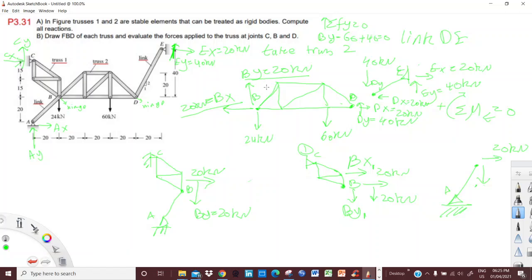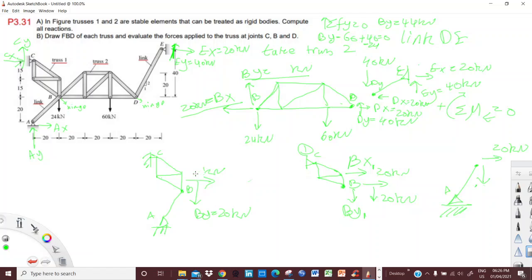I forgot to include minus 24, sorry, guys. So by is going to be equal to 44 kilonewton. I forgot to add this external force also.